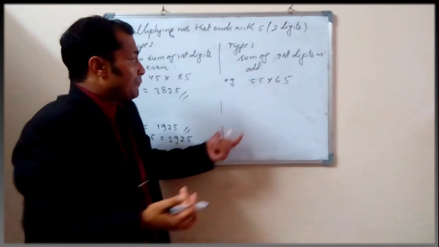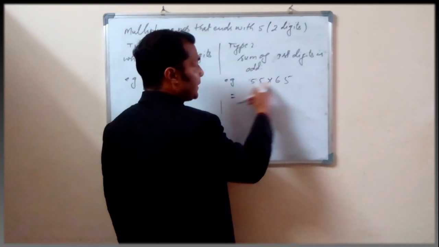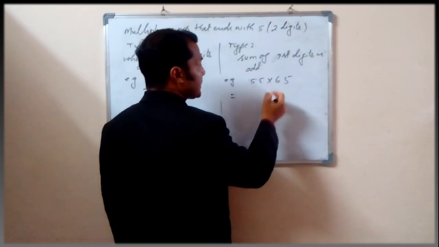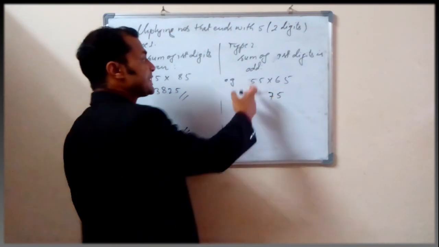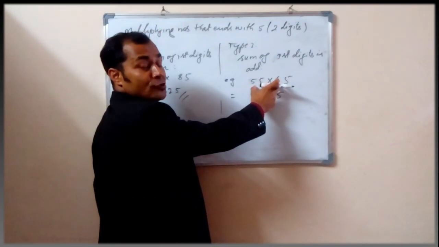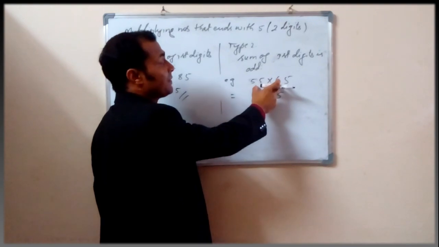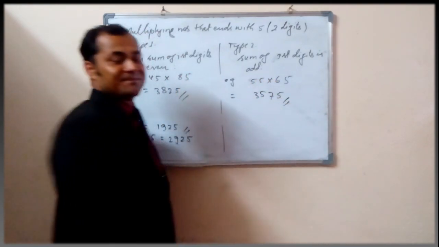Here again the same rule applies, 5 at last, and here the sum is odd. So if it's odd, 75, as I told you earlier. 6 5s are 30, and 6 plus 5 is 11, 11 minus 1 is 10, 10 divided by 2 is 5. So 6 5s are 30 plus 5, 35. So the answer is 3575.